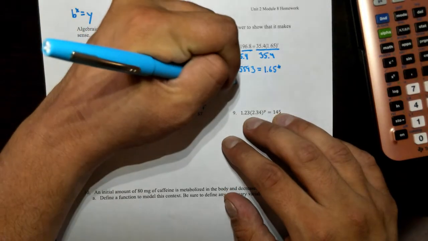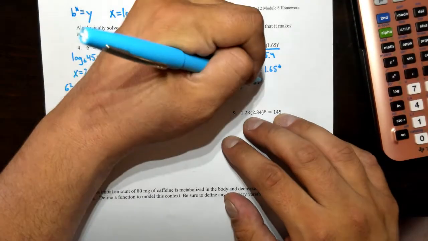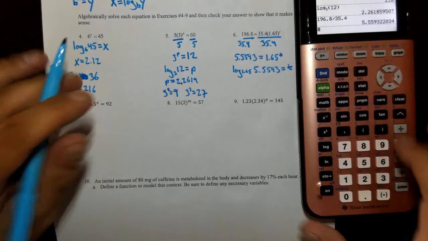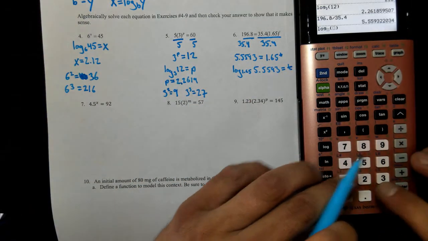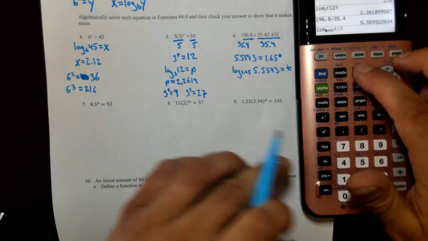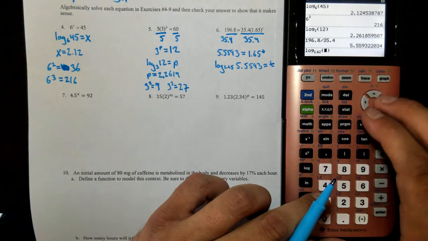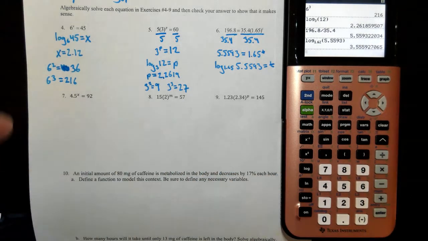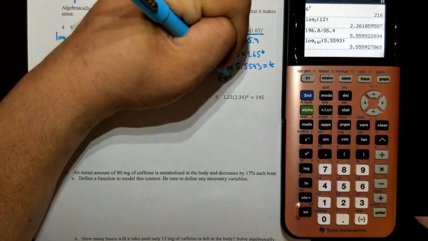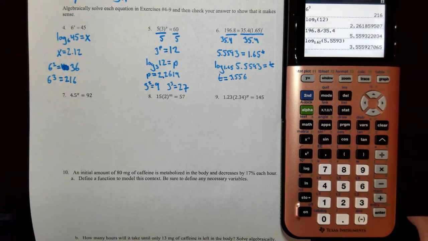So we can say log base 1.65 of 5.5593 is equal to t. And plugging that in to our calculator. Oh, I goofed. Let's see, 1.65, 5.5593. We get t is equal to roughly 3.556. Awesome.